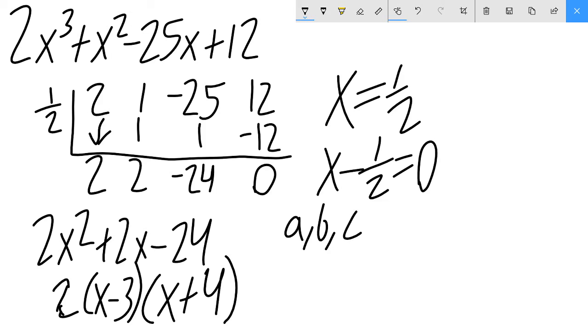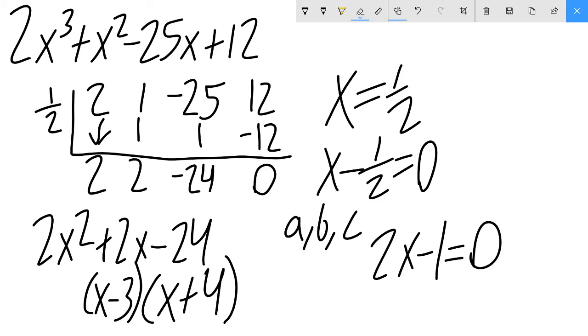So we can take this 2 down here and multiply it into this x minus 1/2 equals 0 to get 2x minus 1 equals 0. And so now we have the full factored form of the cubic equation, which is 2x minus 1 times x minus 3 times x plus 4.